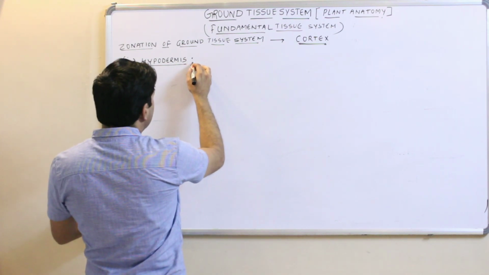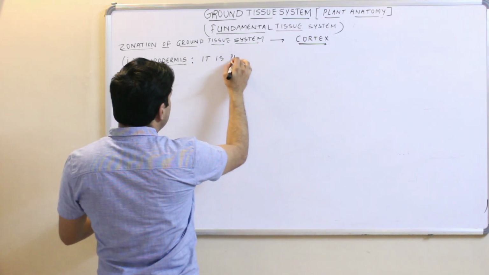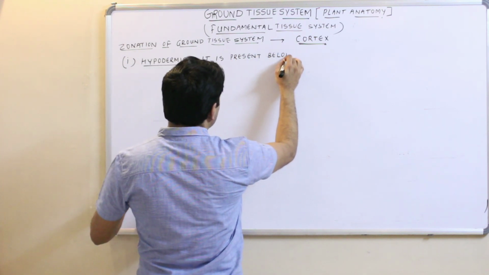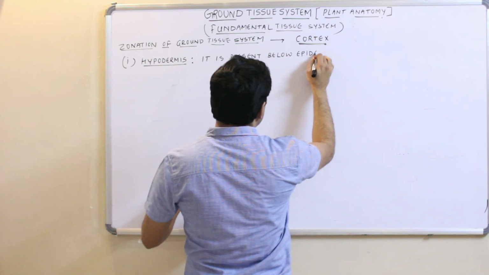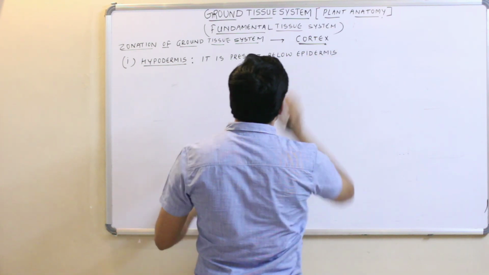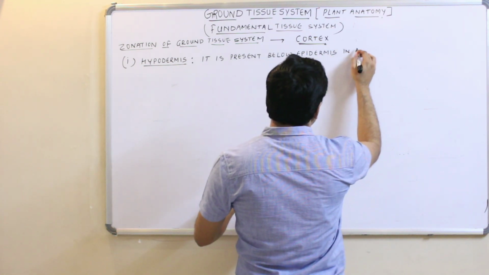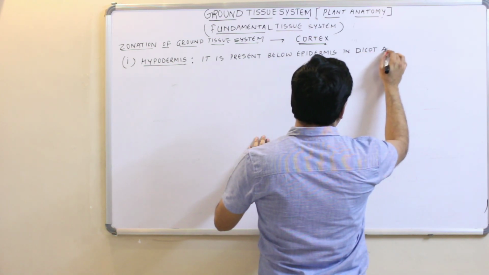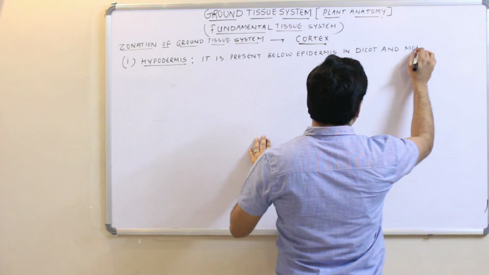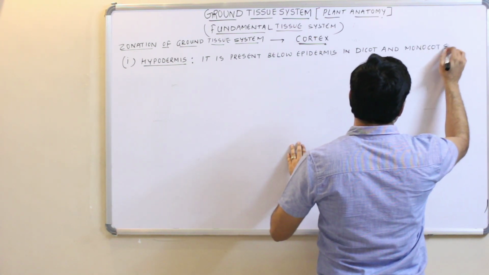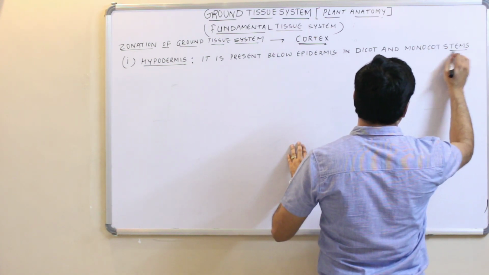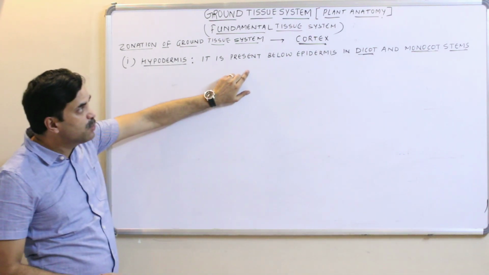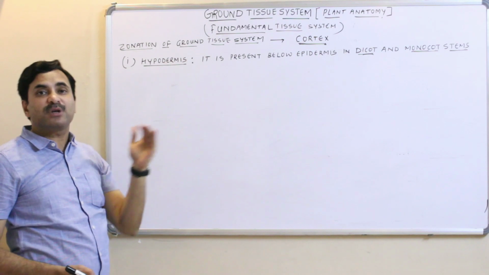Now as the name is indicating, it is present below epidermis in dicot and monocot stems. Remember this thing, this is very important. What I have said to you, hypodermis is present below epidermis in dicot and monocot stem.